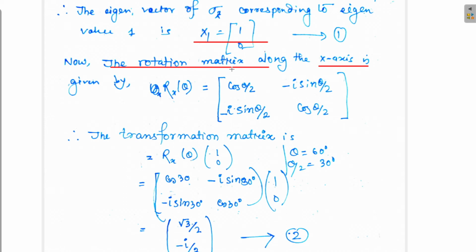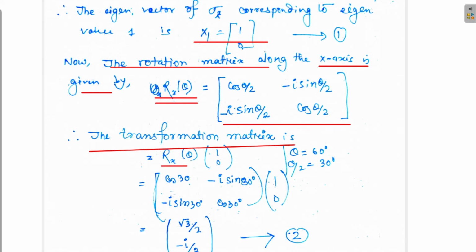The rotation matrix along the x-axis can be written like this: Rx(theta). This rotation matrix we have already discussed. The transformation matrix can be written by multiplying the rotation matrix with the eigenvector of sigma z that we have already found. Now we put the value of theta as 60 degrees.